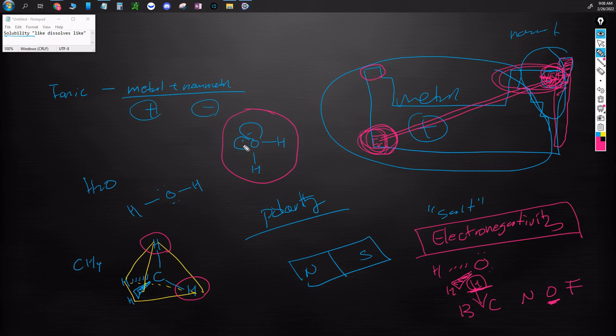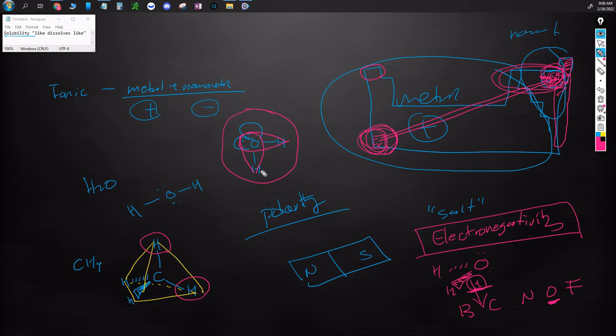But because oxygen is pulling more toward the oxygen, away from hydrogen, the orbital of that bond, if I were to exaggerate it, will look like this. So electrons are staying more on the oxygen side than the hydrogen side. Same way in this part too.